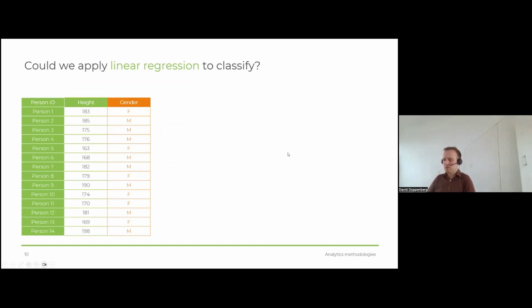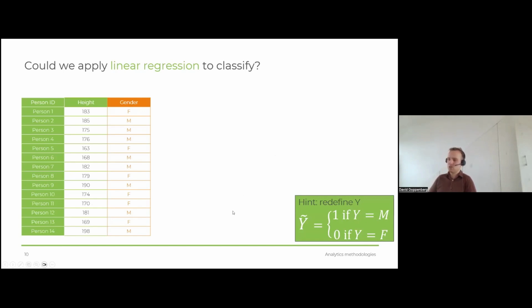We have already established that linear regression is just for regression, but maybe we can hack our way around it. Because linear regression can only deal with a continuous target variable, we replace everywhere the M with a 1 and the F with a 0, and then we get a numerical target value, although it's still 1 and 0, so it's still discrete.